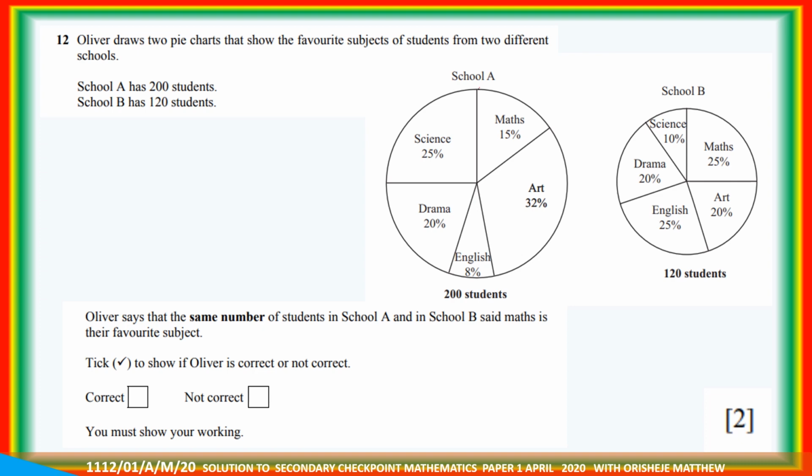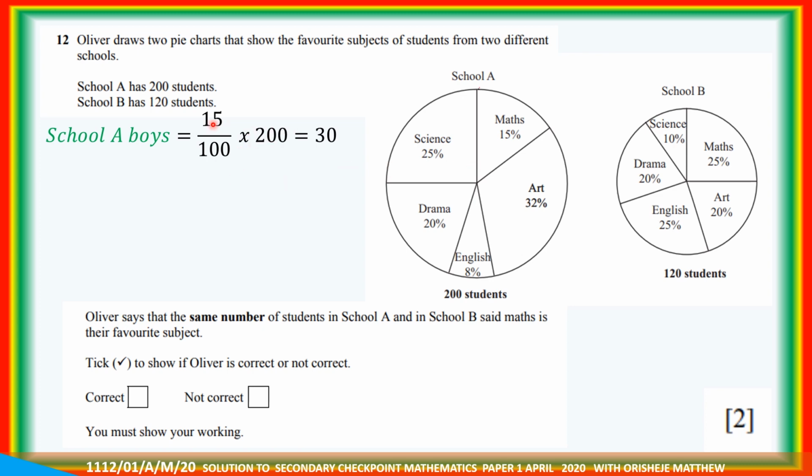So tick to show if Oliver is correct or not. If it's the same number, since the subject in question is mathematics, what you need to do is compare how many students in school A have mathematics as their favorite subject. So 15% out of the 200 students means 15 over 100 times 200. So 100 divided into 200 will give me 2.